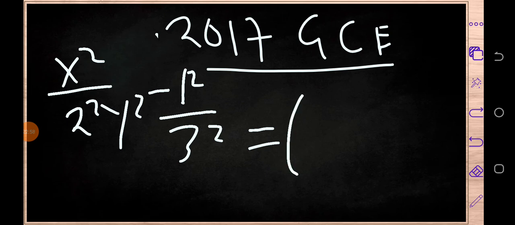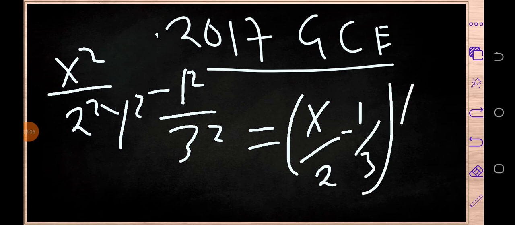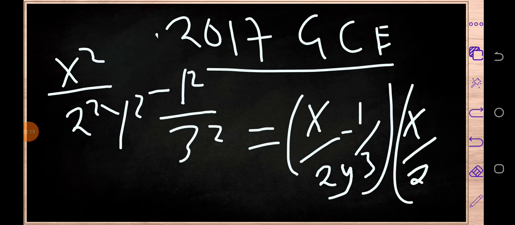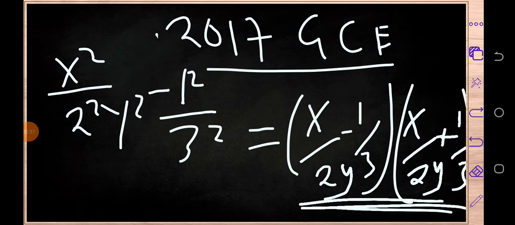So what we will say, we'll do this: x over 2 minus 1 over 3, then x over 2, 2y plus 1 over 3, then you close the brackets.